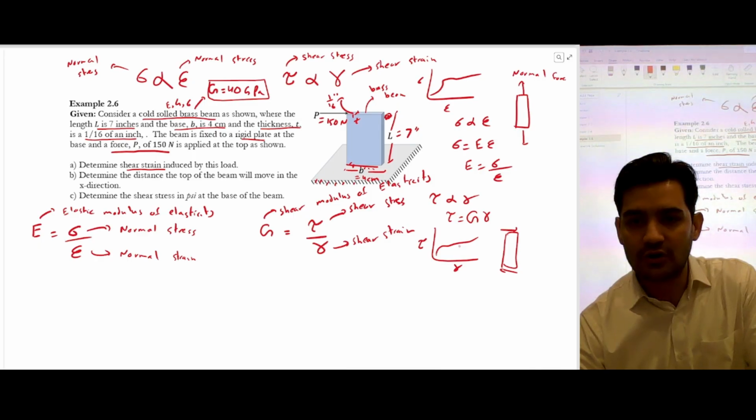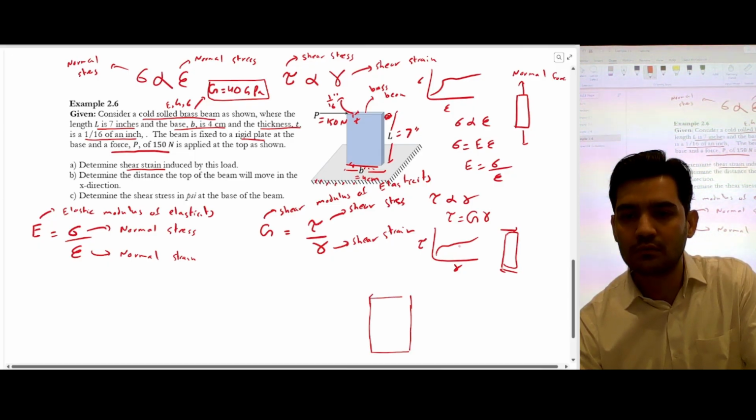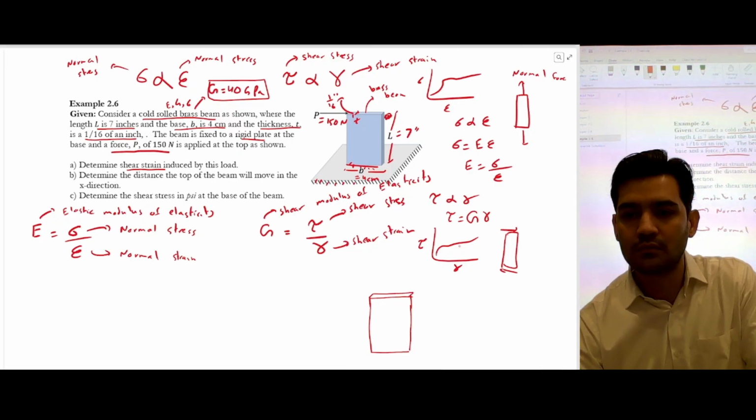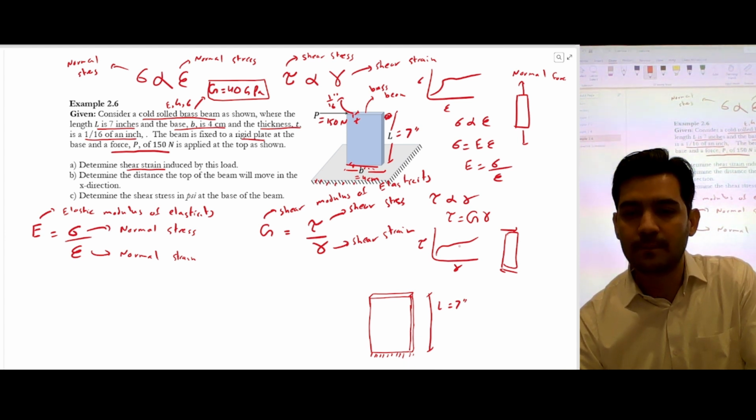So I'm gonna draw this here. Fixed support. The length is 7 inches.